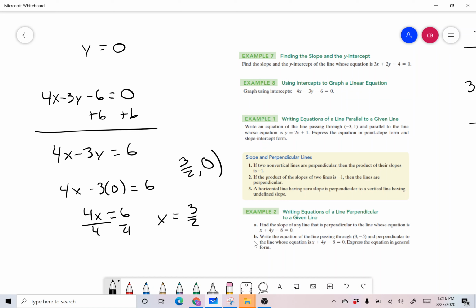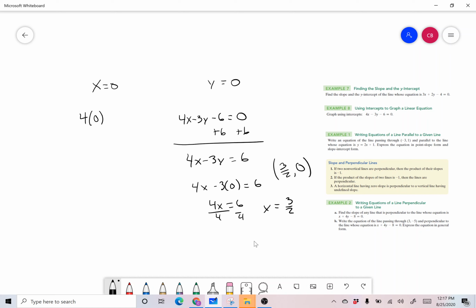And then if I do x is 0, sorry, let me zoom this thing out real quick. If I do x is 0, then I have 4 times 0 - 3y = 6, which gives -3y = 6, which means y is equal to -2.